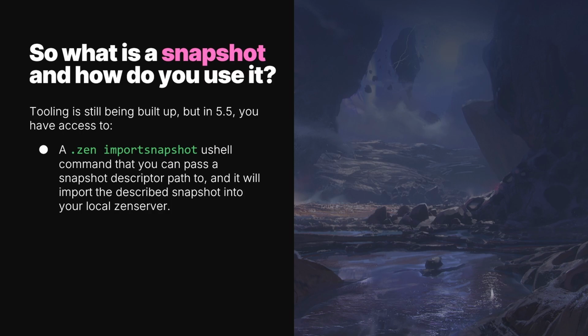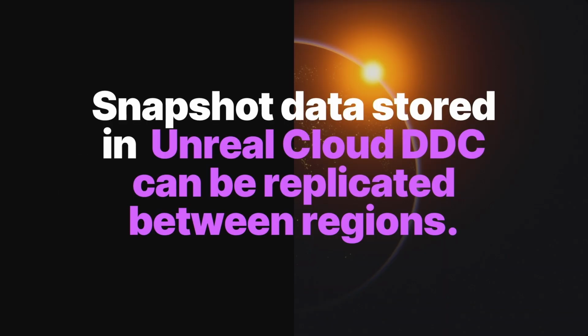You can pass as an argument to that the snapshot descriptor path, and it will import the described snapshot into your local Zen server. And at that point, you are in the equivalent state as the machine that did the cook that snapshot was exported from in the first place.